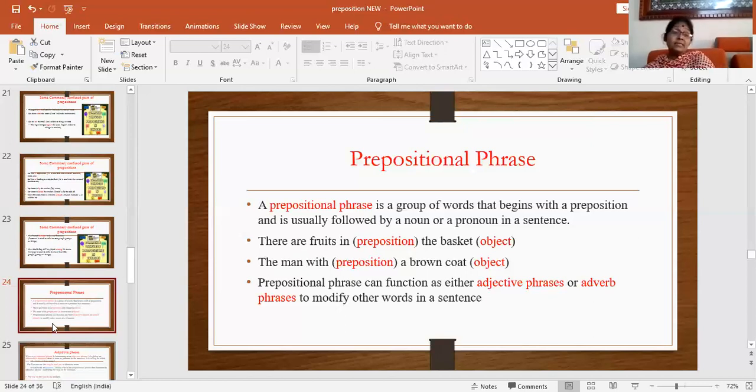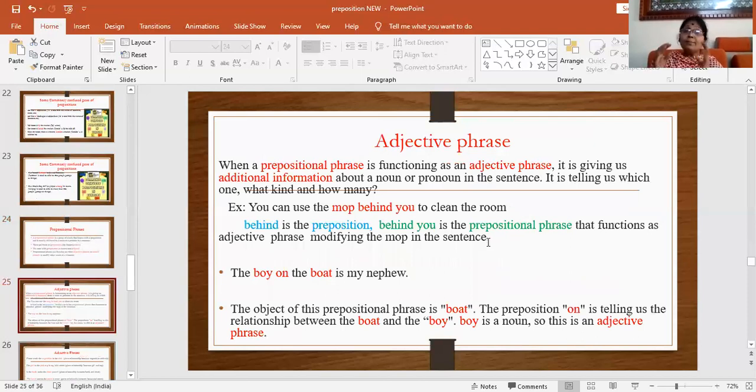Now, let us understand what adjective phrase is, right? Now, when a prepositional phrase is functioning as an adjective phrase, it is giving us additional information about a noun or a pronoun in the sentence, right? It is telling us which one, what kind, and how many. Now, let us understand this with an example.